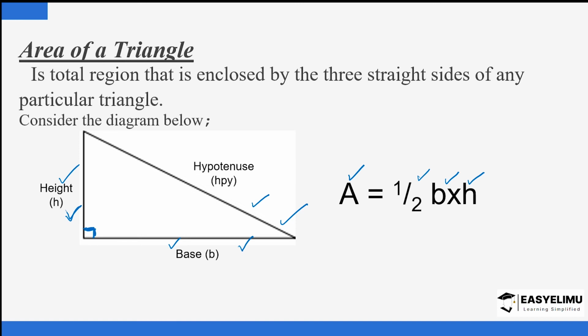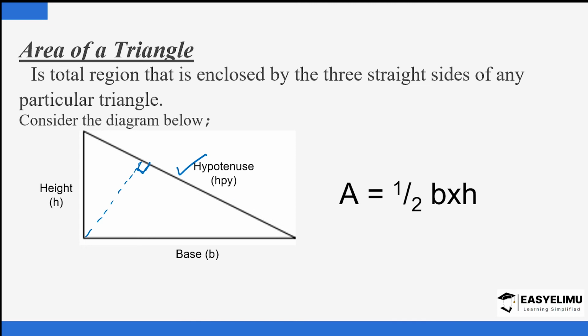The base and height are interpreted differently. There are three ways of interpreting them. One, you can have a case where the right angle is here. So this becomes the base and that becomes the height. Now, this one here can also be treated as the base, but now the height has to be here. See?